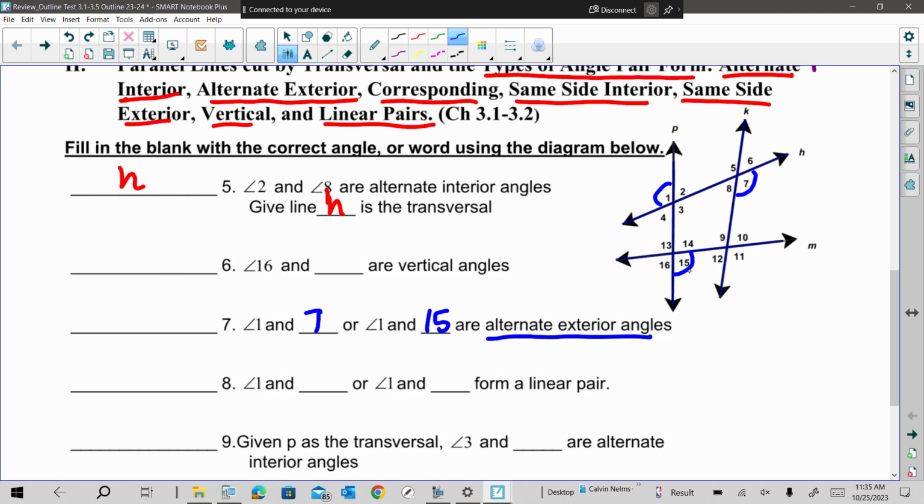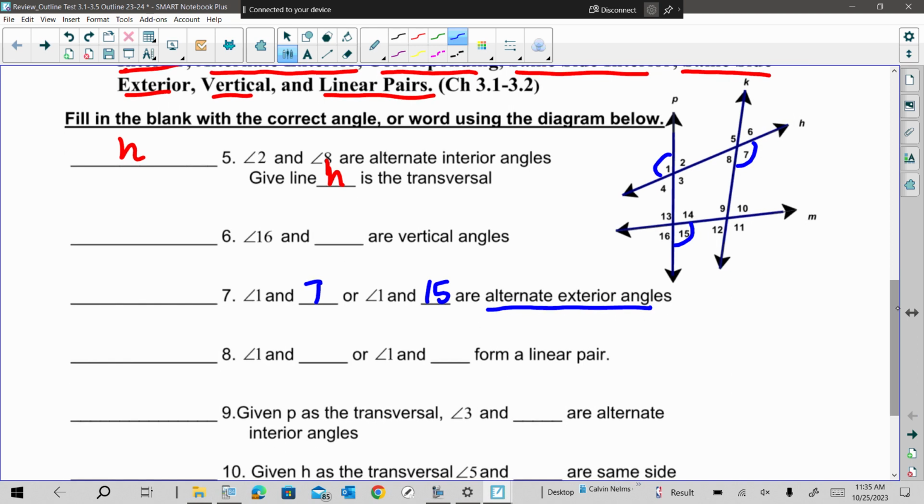Okay, all right. Now on number 9, they're going to tell you which line to focus on. This is given: line P is the transversal. We're going to focus on letting P be the transversal. 3 and what other number would be an alternate interior if P is the transversal?